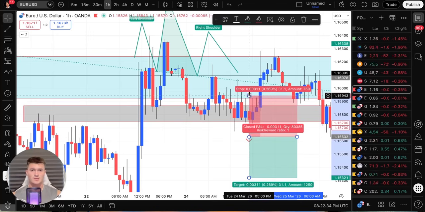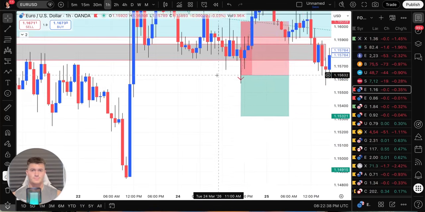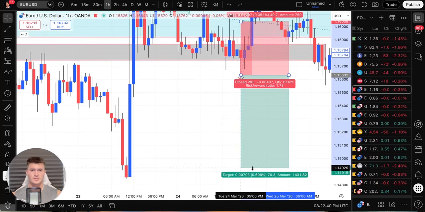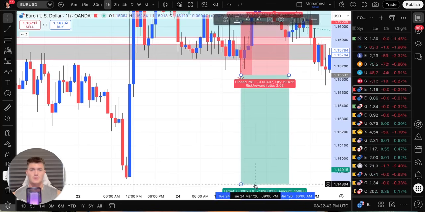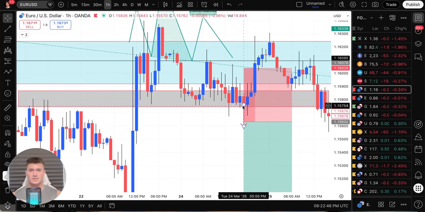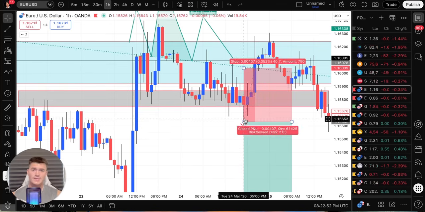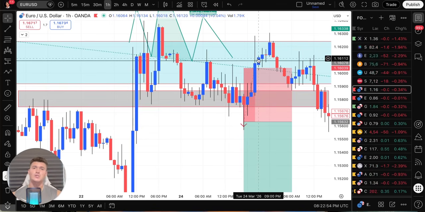He sees it, puts his stop, puts his take profit, and then price wicks back into the area of interest because it didn't close, it didn't confirm to him that that's where price was going. Price came back up and took him out for a loss.